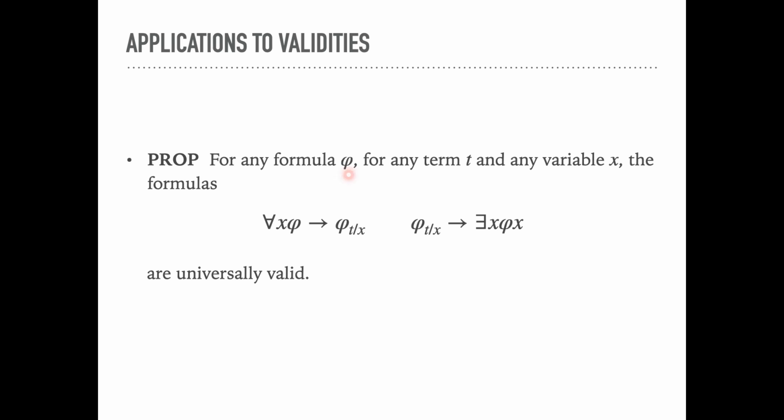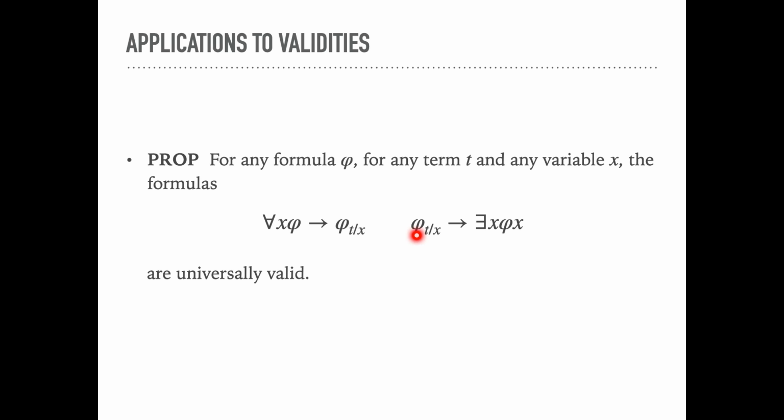Now we can make this precise, and here is the proposition: for any formula phi, for any term t, and any variable x, the formula for all x phi implies phi with t substituted for x. That's a validity. And similarly, if phi is true when we plug in or substitute t for x, then there exists an x such that phi holds.